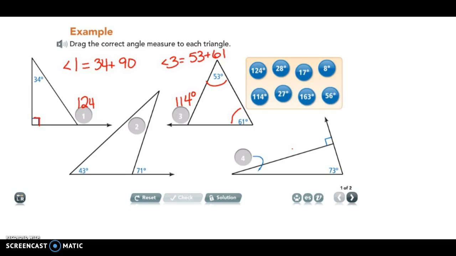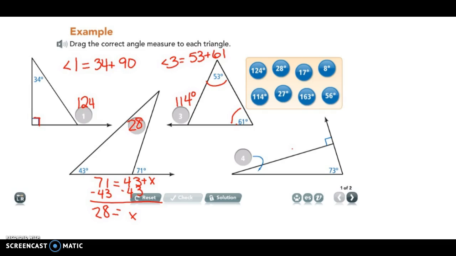Measure of angle 2 is a little bit more complicated, which is why I moved over it. So we have 71 equals 43 plus whatever this angle is. So I'm just going to say x. We're going to subtract out 43 from both sides, leaving x equals 28.